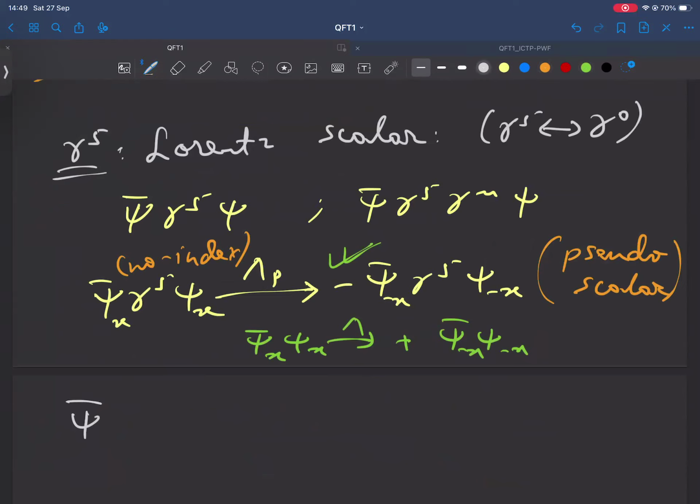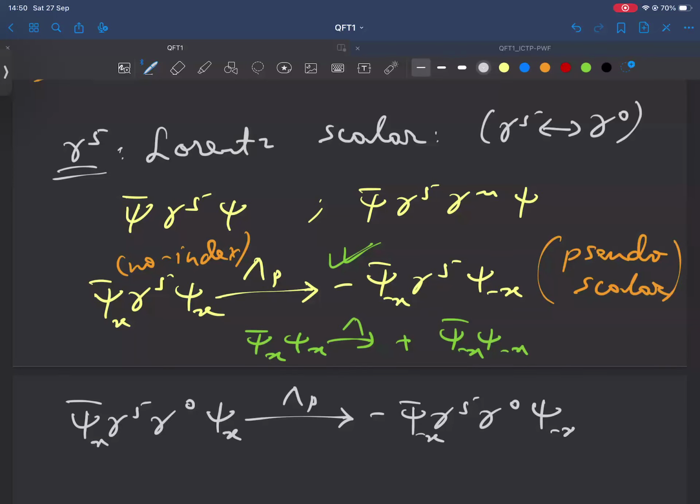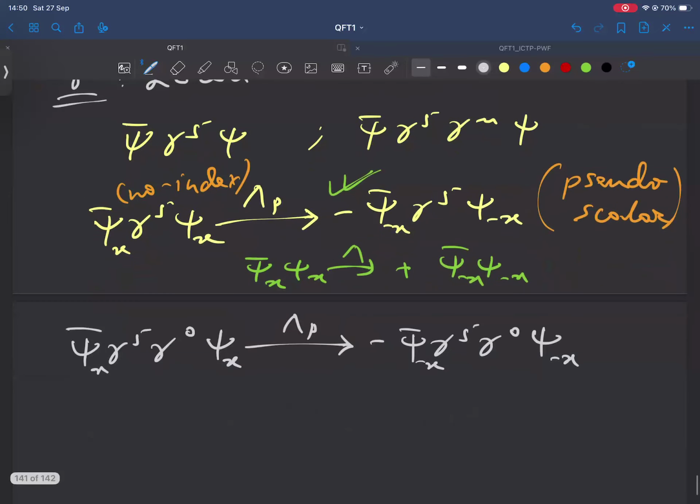And if you look at the other one, psi bar gamma 5 gamma mu psi, let's again break it into space and time components. The time component will now come with a minus sign. Again, these are x and these are minus x. For the spatial components, they come with a plus sign.